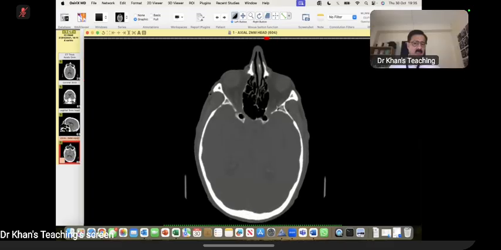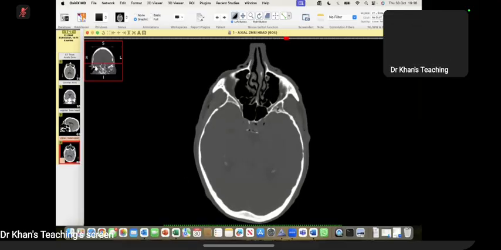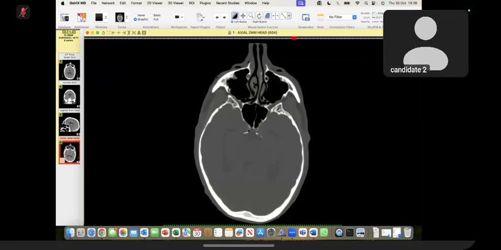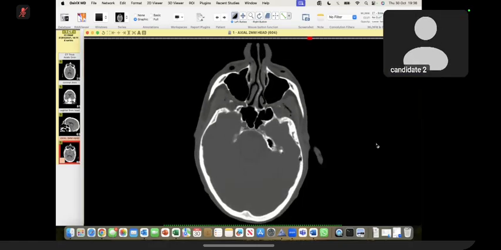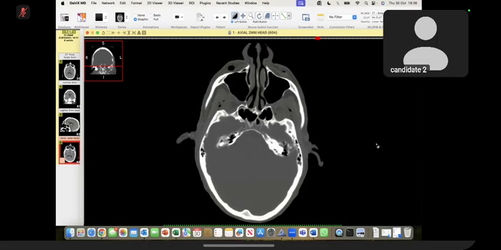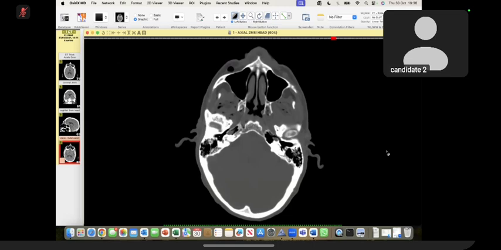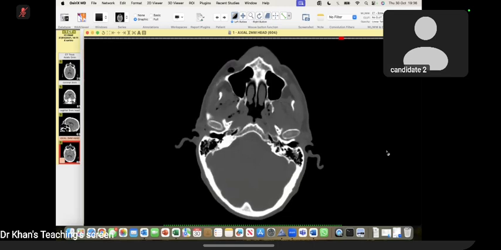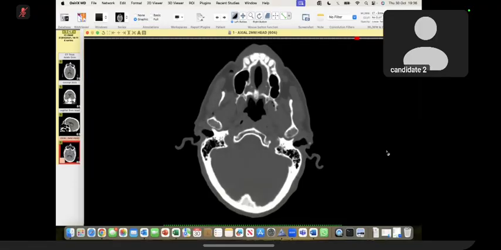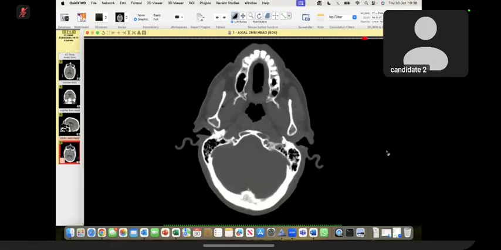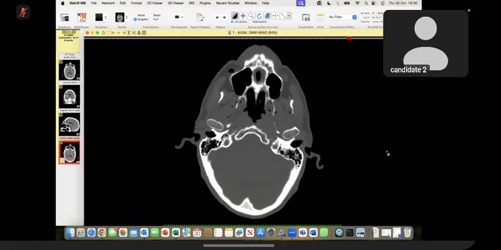Do you see it on this? I'm trying, yes, I'm scrolling. So I can appreciate some more air lucencies within the left, and some linear air lucencies are also tracking along the left petrous part of the temporal bone.